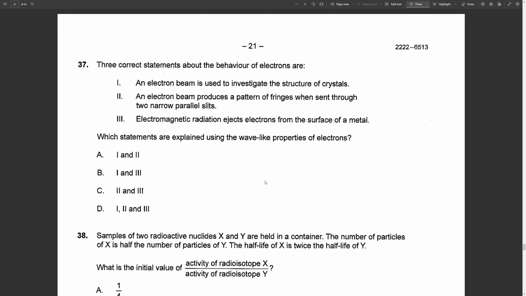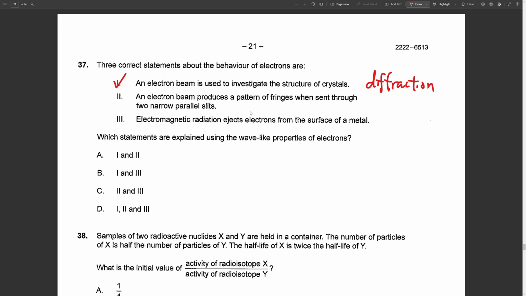In question 37, we are going to identify which of the following observations is a result of the wave-like property or the particle-like properties of electrons. Statement 1, electron beam is used to investigate the structure of crystals, and this is done by electron diffraction. Diffraction is a wave property, so statement 1 is correct.